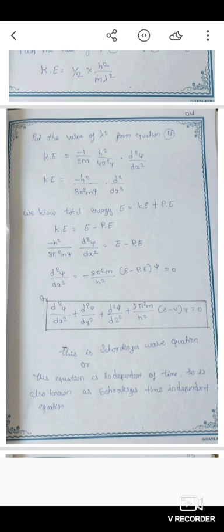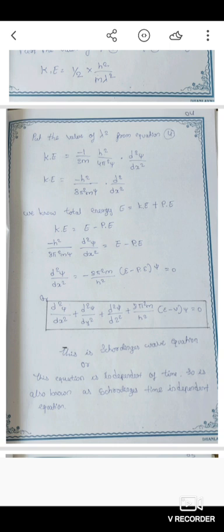So d square psi divided by dx square is equal to minus 8 pi square m divided by h square into (E minus potential energy) psi, or d square psi divided by dx square plus d square psi divided by dy square plus d square psi divided by dz square plus 8 pi square m divided by h square into (E minus V) psi is equal to 0. This is Schrödinger's wave equation.